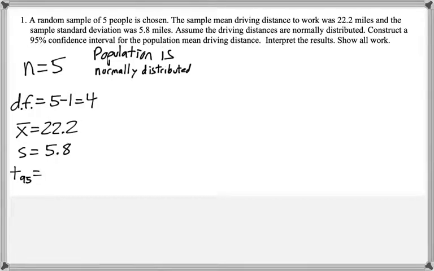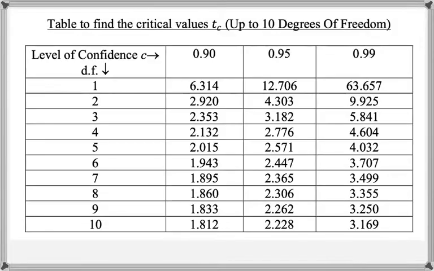Lastly, we need to find the critical value t95, so we need to look this up on the table. On the table, we are in the 95 column, and the degrees of freedom is 4. So our critical value is 2.776.